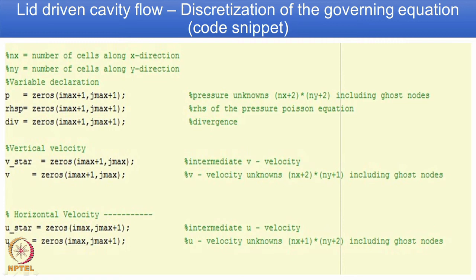So, u star and u are also defined with array sizes I max, j max plus 1. You can observe here for V star it is I max plus 1 and j max, for u star it is I max and j max plus 1. This is for the intermediate velocity and u velocity, and when you solve u velocity then we have a ghost node defined in the other direction. So, it becomes Nx plus 1 star Ny plus 2, it is the minimum required array size.